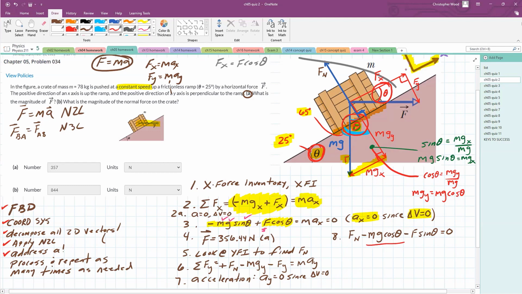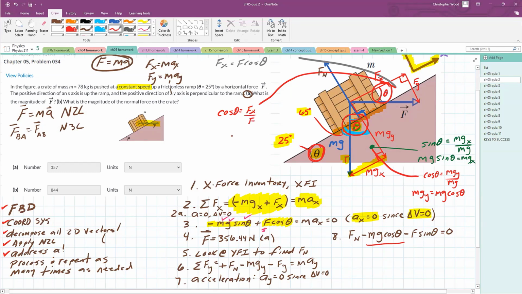Going back one more time to this triangle right here, what's the cosine of theta for this triangle? The cosine of theta for this triangle equals the side adjacent, which is fx, over the hypotenuse, which is f.